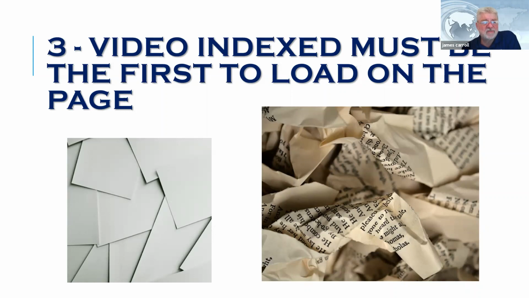Don't you think that the best way to display your videos would be to have them index first and be concise and clear on what it is that they're going to be pointing to?